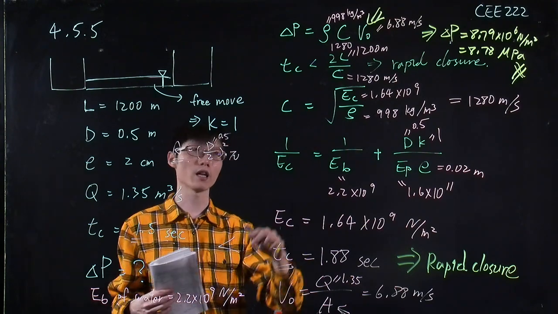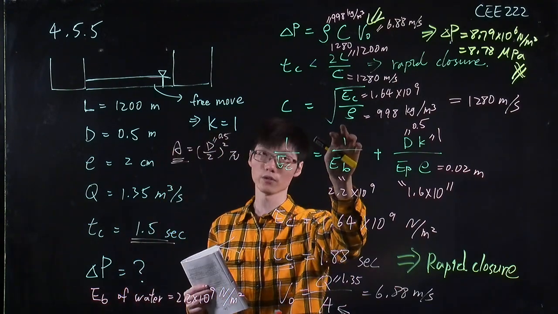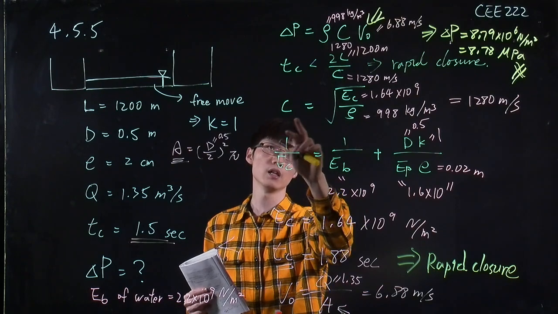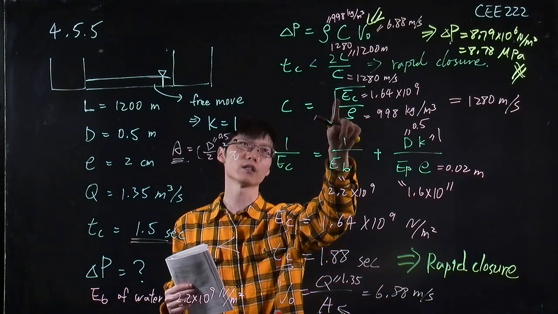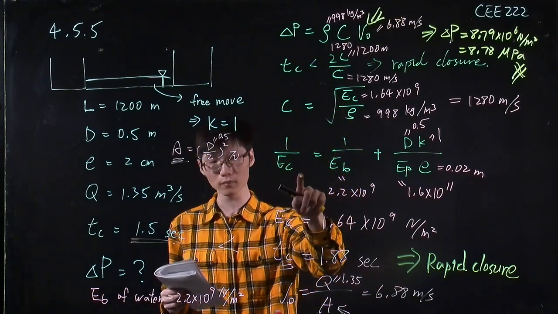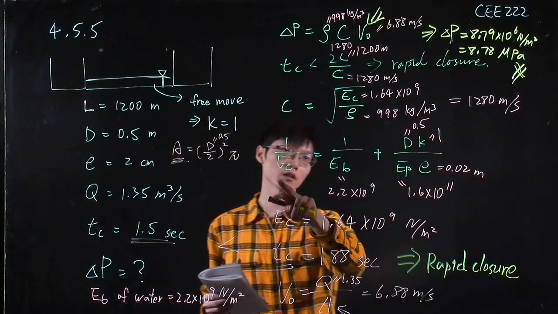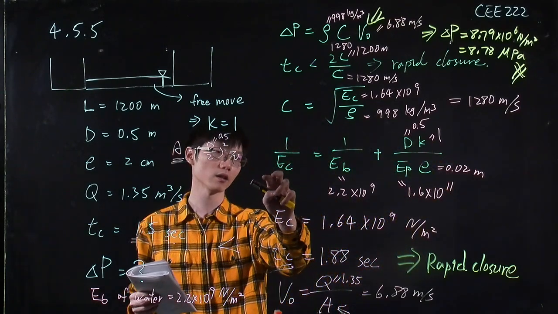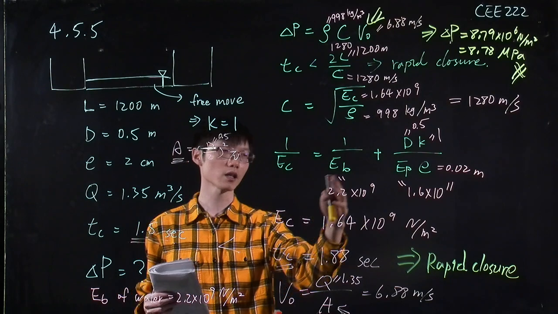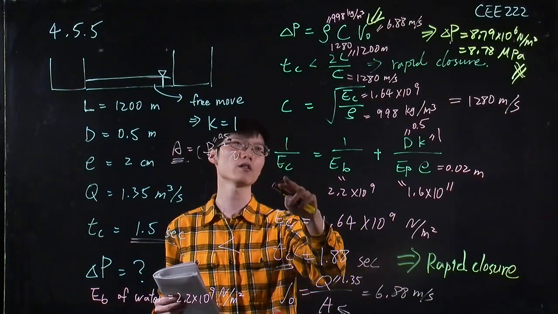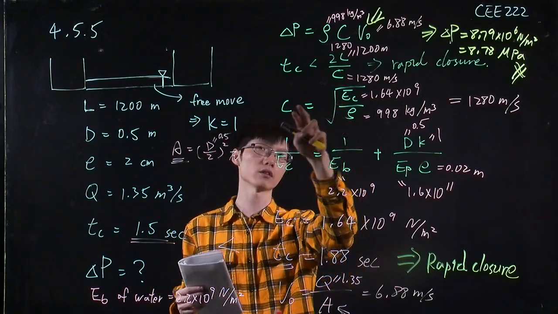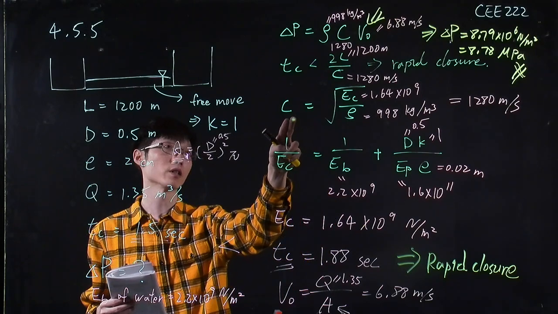To do that, we need to calculate the speed of the pressure wave, and here is the equation that you should use to calculate this C number. To do that, we need to calculate this EC, and the EC can be calculated using this equation here. Just plug in the numbers, you calculate the EC, plug it back into this equation, and you calculate the speed of the pressure wave.